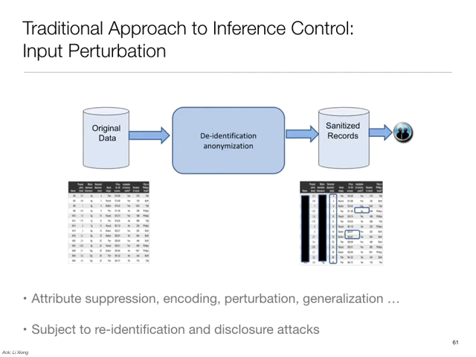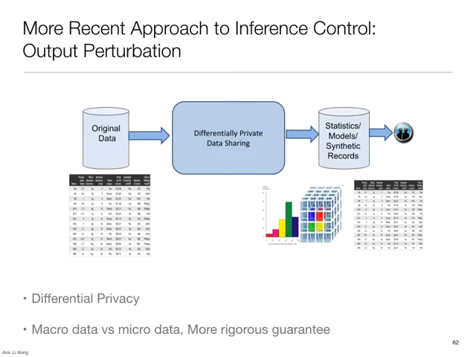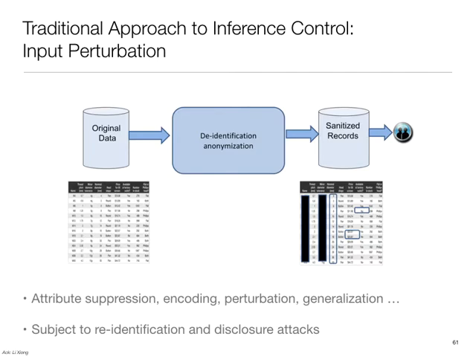But then as an attacker, your goal is, can I re-identify an individual in this new database and associate properties with that record. So that's the input perturbation: we sanitize the data, we have a sanitized database, we release that sanitized database and hope that we are able to achieve our privacy properties.